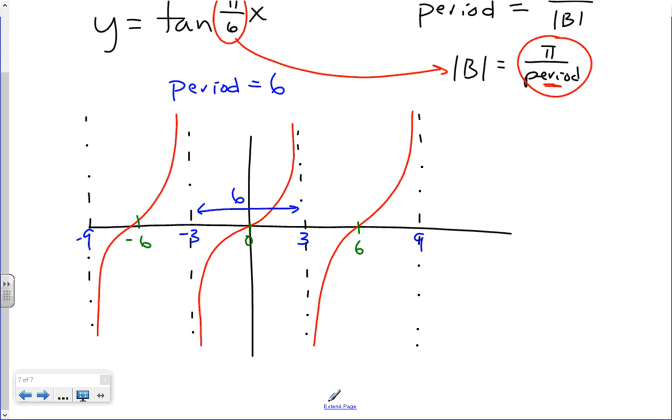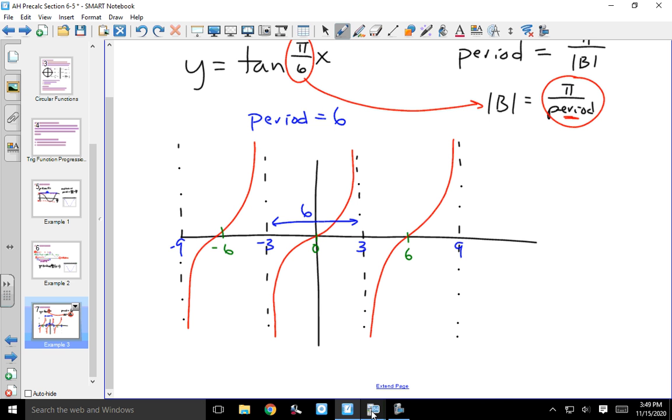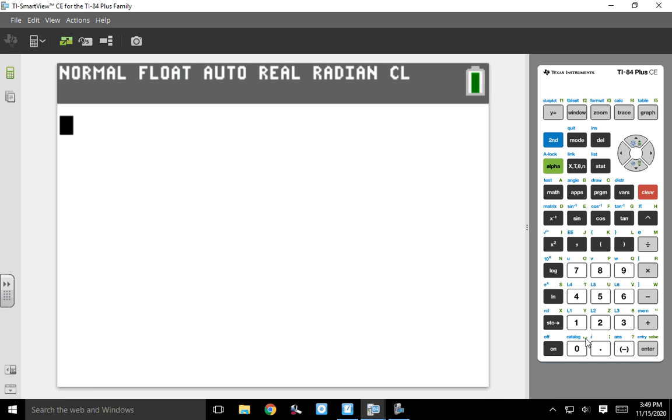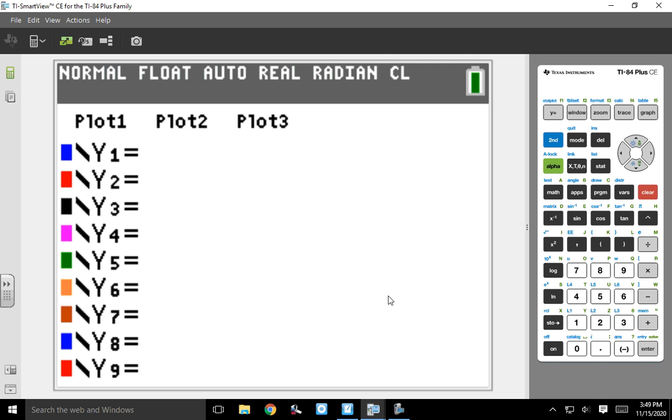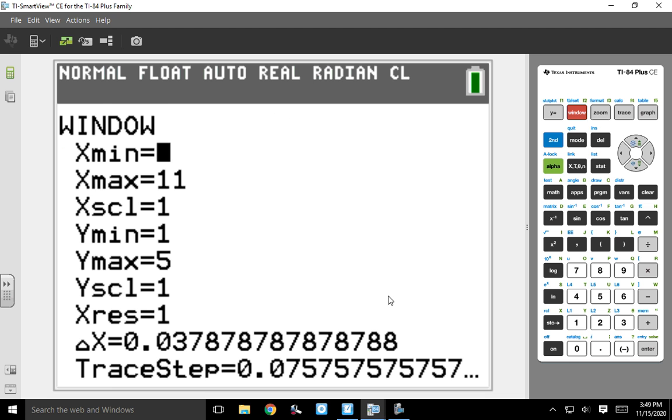And you can grab your calculator and verify that, in fact, that is the case. Let's go ahead and do that. So in y equals, let's put in tangent of pi over 6 x. And again, I'm just going to look at one full period of this.